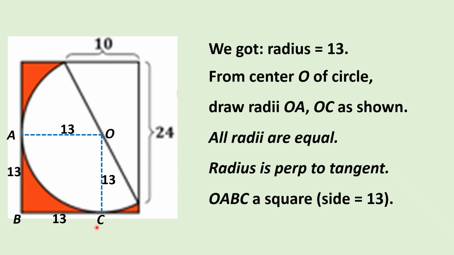So all are right angles and two of the sides are equal. So OABC is a square, and each side of the square is 13 units. We have drawn OA and OC perpendicular to the tangents, so we are getting a square of side 13 units.